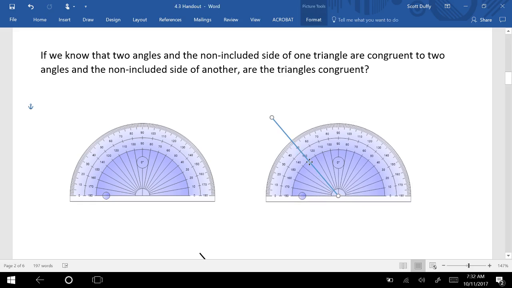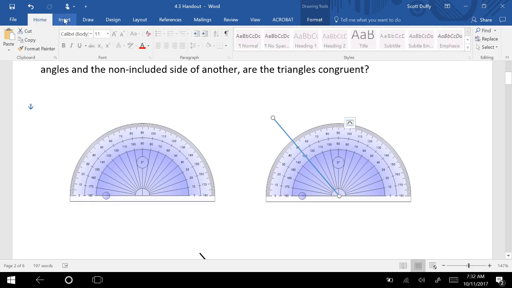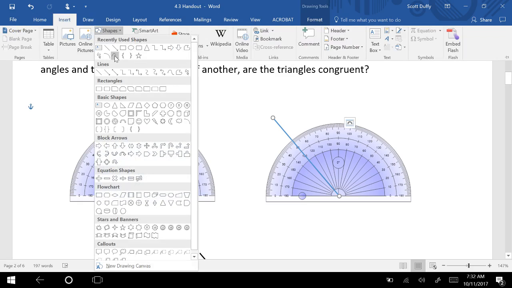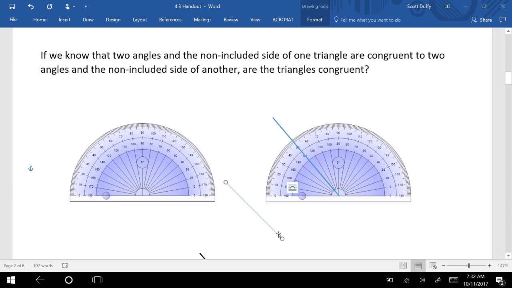So set this at 50 degrees, and we know that we're going to have another line on the bottom. So I'll set another one up flat to make that 50-degree angle. And then I also want a 30-degree angle.